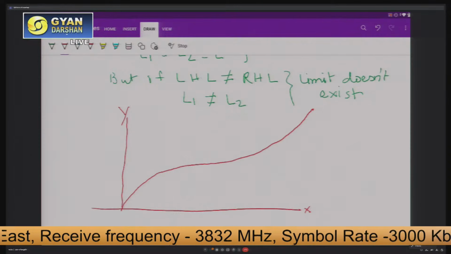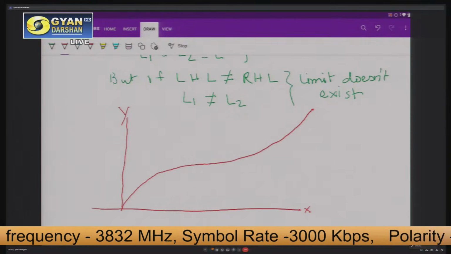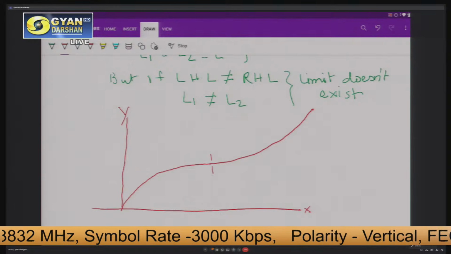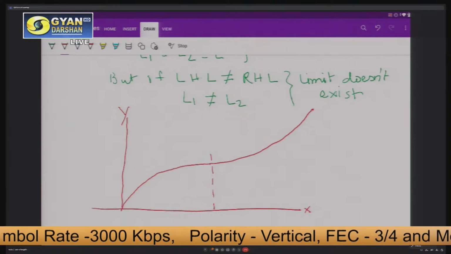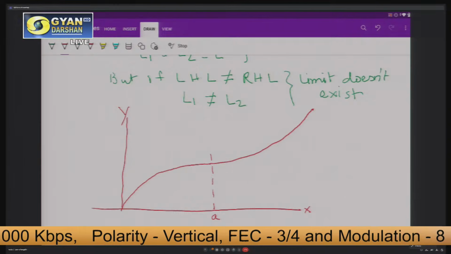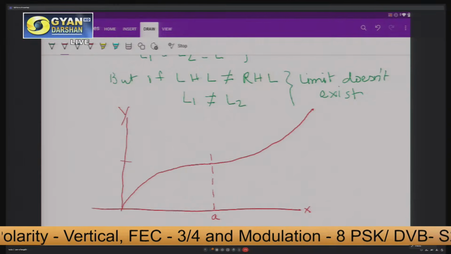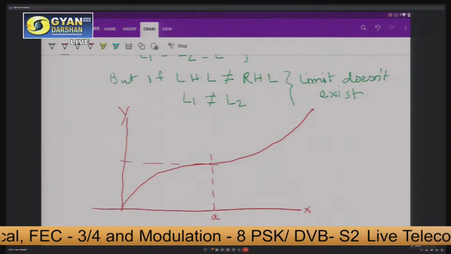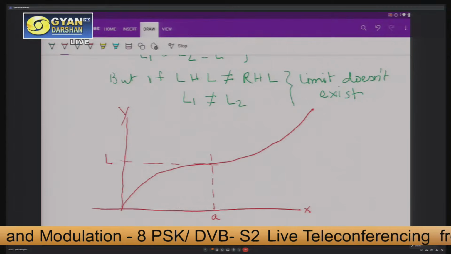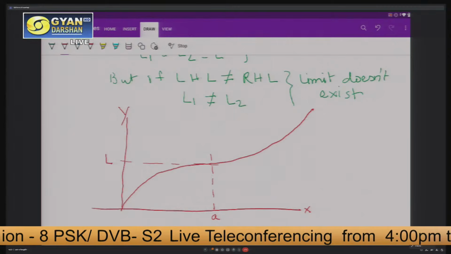So at some point at x is equal to a, the value of y is equal to, say, L.